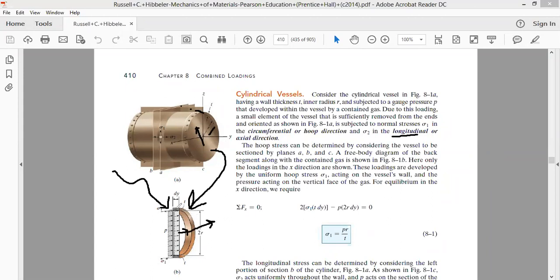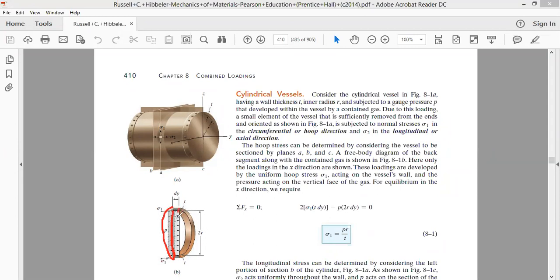So what is happening at this surface, the lower surface and the top surface, is that this section is in contact with another portion of the same section. There is continuity between the two sections.